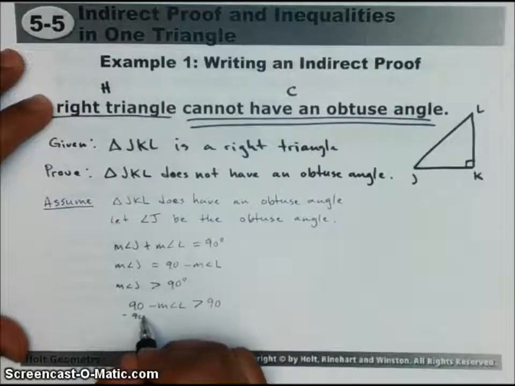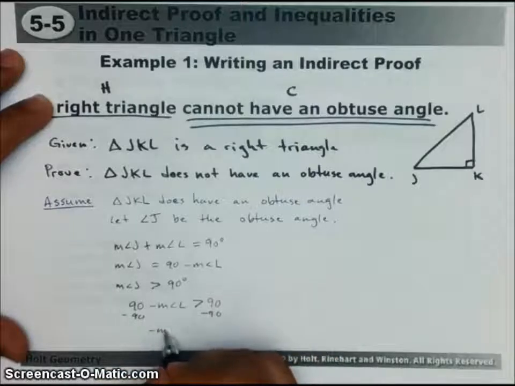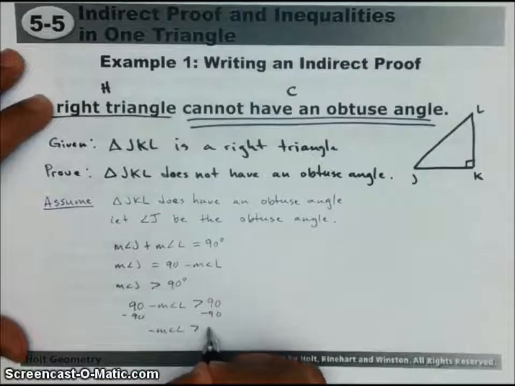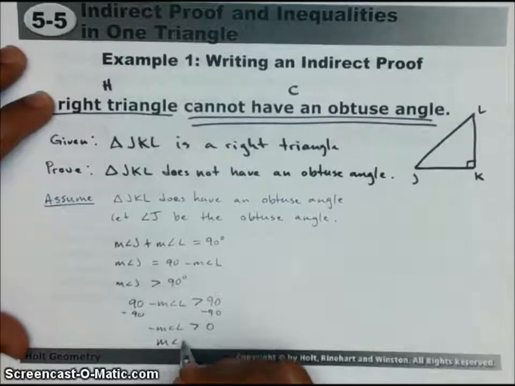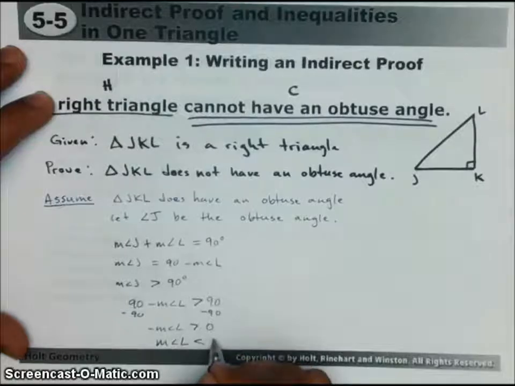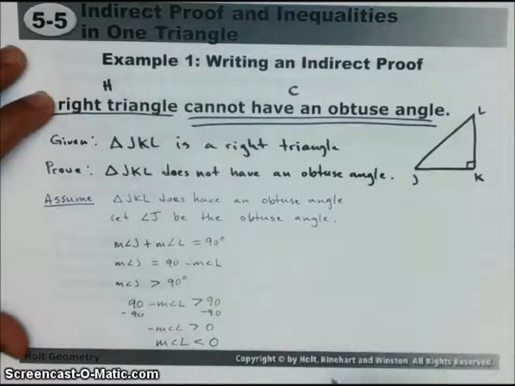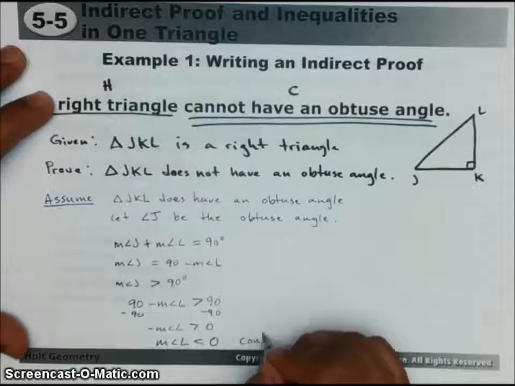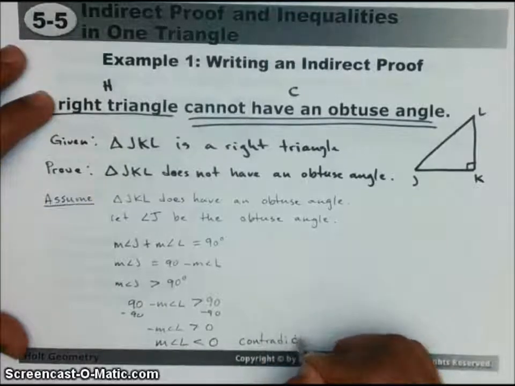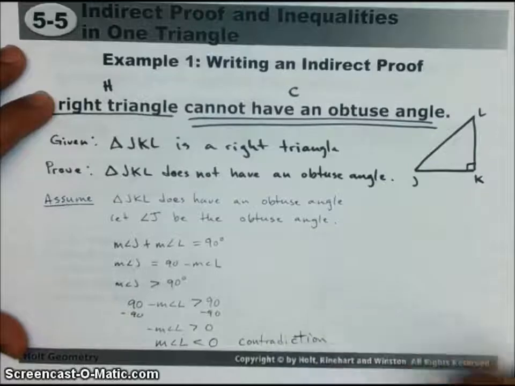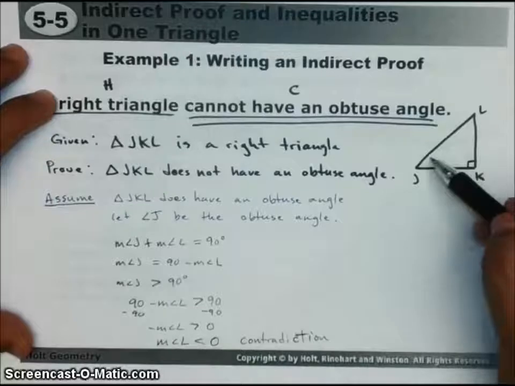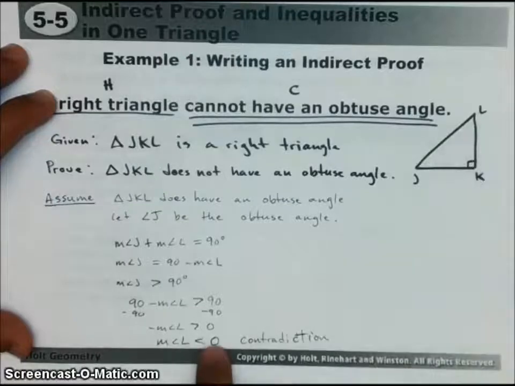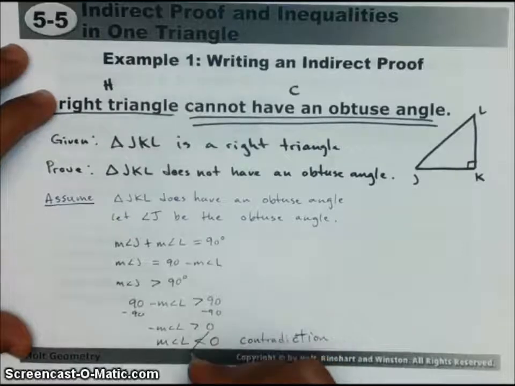If I subtract 90 from both sides and get rid of that negative, the measure of angle L has to be less than 0. And this gives us our contradiction. Inside a triangle, I cannot have an angle that's less than 0.